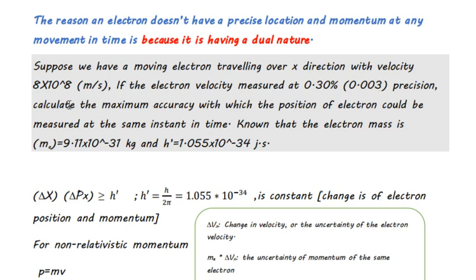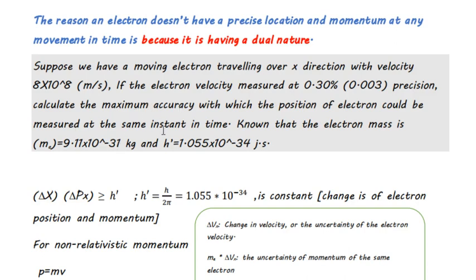Then we have to calculate the maximum accuracy with which the position of the electron could be measured at the same instant of time. So within this condition, this velocity, and this precision of the velocity, we have to calculate the maximum accuracy with which the position of the electron could be measured.